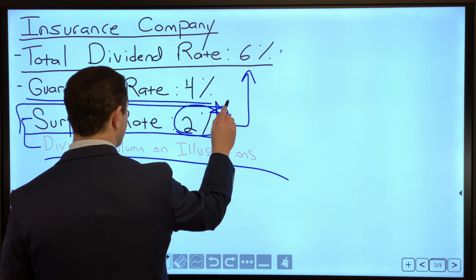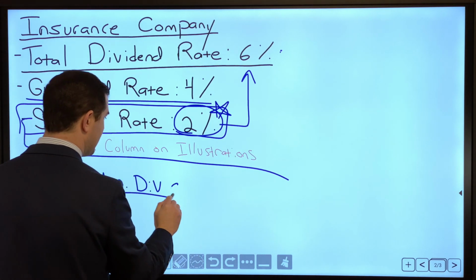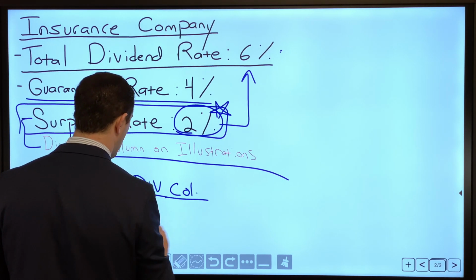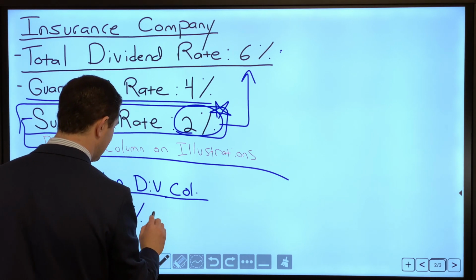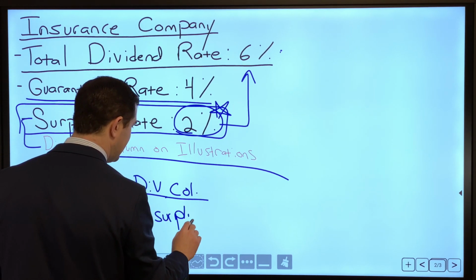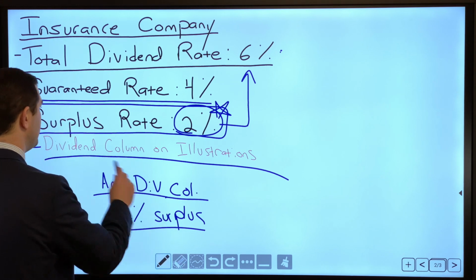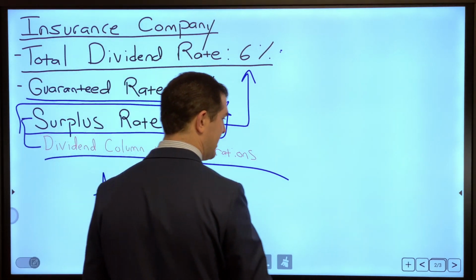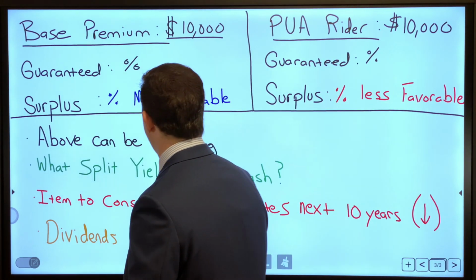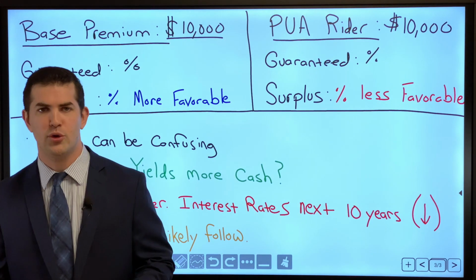Item to be aware of here is that annual dividend column only reflects the surplus. Another way to put it is the guarantee is not included in this column, but that's some excess information.